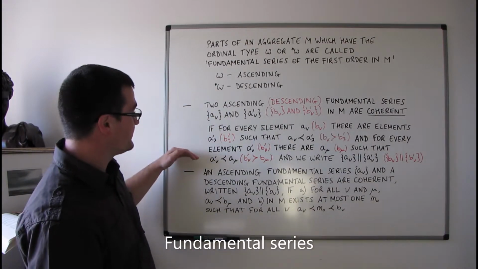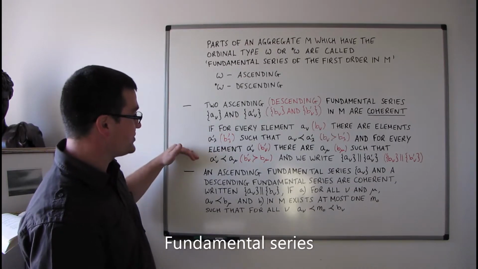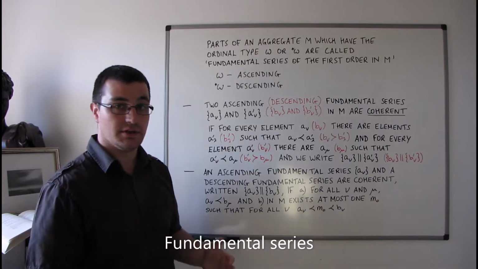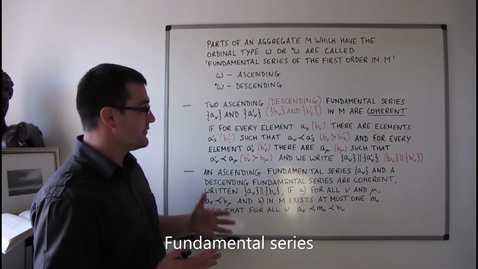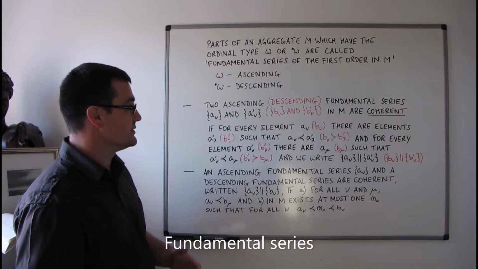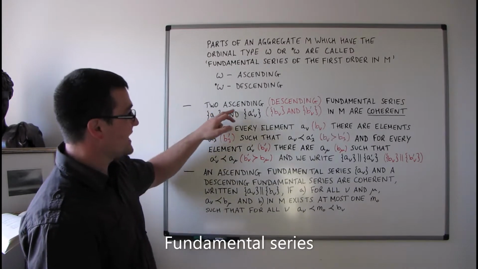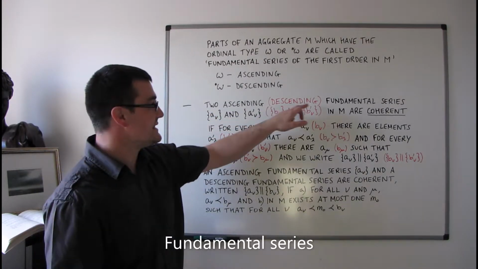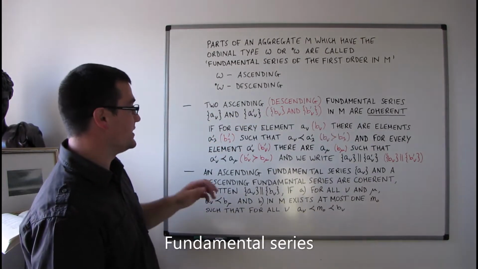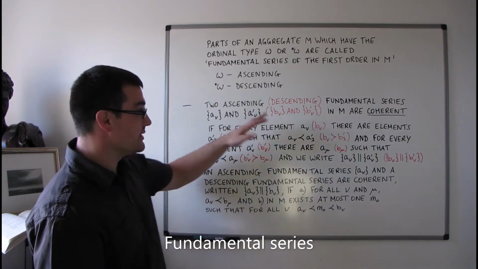And then we've got a couple of definitions here for what it means for two fundamental series to be coherent. Here we've got what it means for two ascending or respectively descending fundamental series to be coherent.